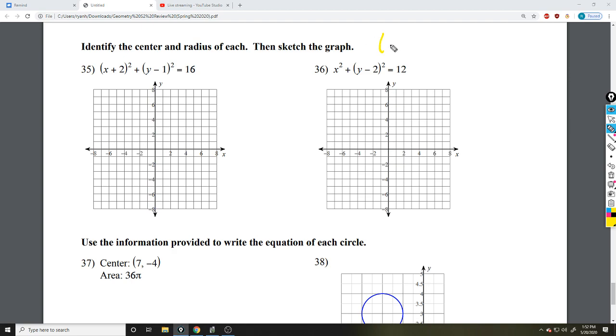Here is our structure for an equation of a circle. X minus h squared plus y minus k squared equals r squared. So our center matches up there.